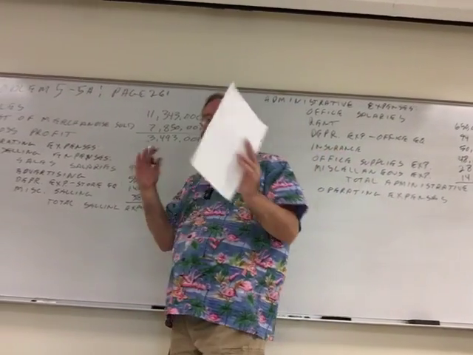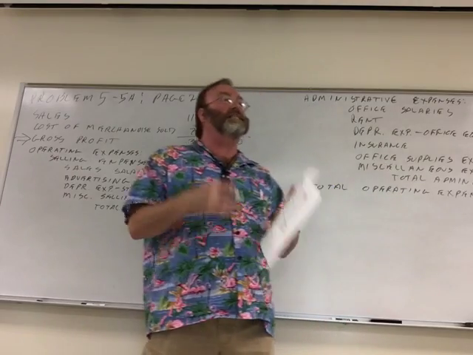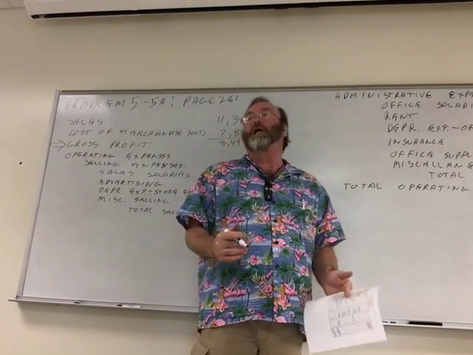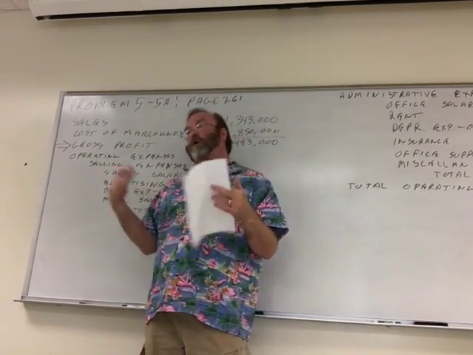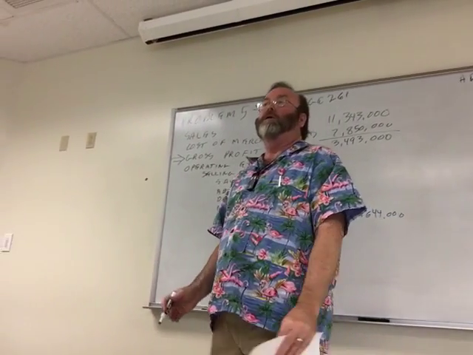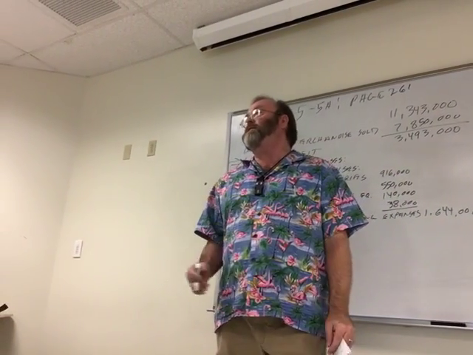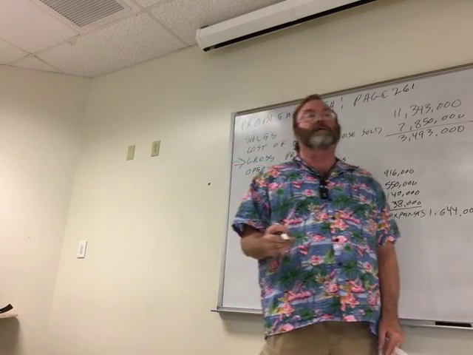Those are all of the day in and day out expenses that we incur in order to sell the merchandise that we sell and to operate the business on a daily basis.